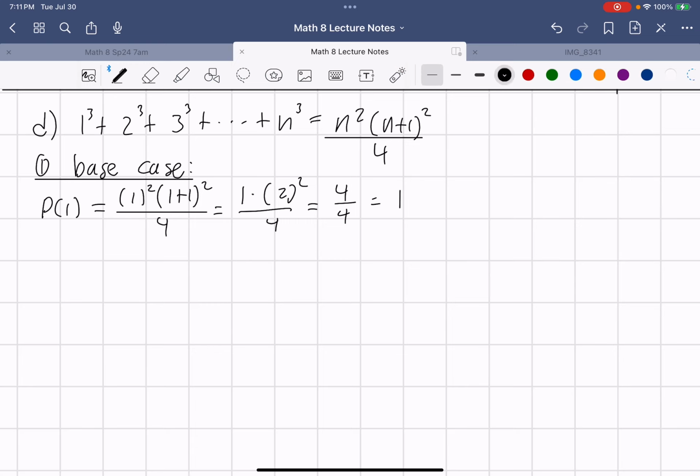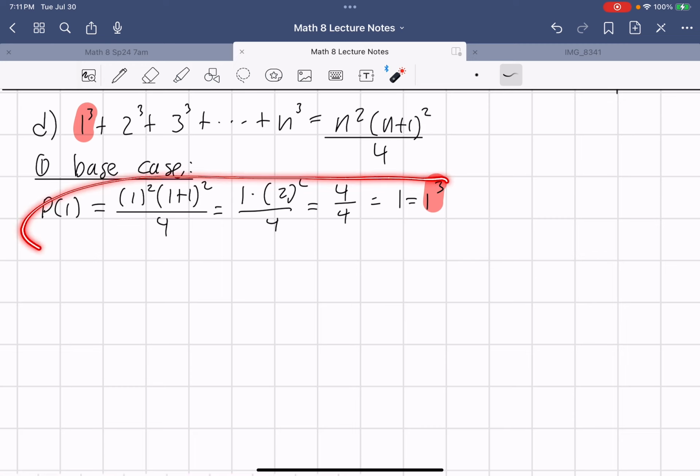So if you want to go a step further, I can write 1 as 1 cubed so that it looks exactly like my first term. And that's the overall idea in this problem.